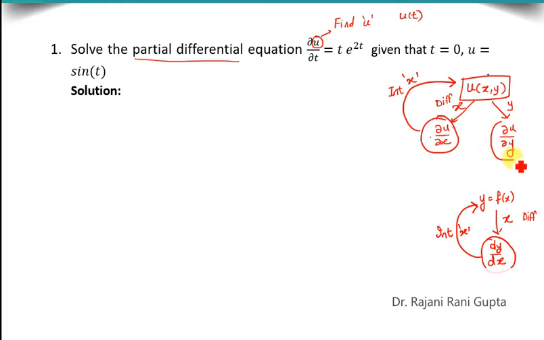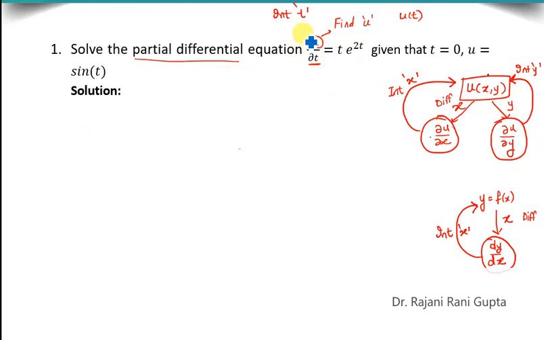On the other hand, if we have a partial derivative with respect to y and we need to know the original function, we integrate it with respect to y. In our case we have a derivative with respect to t, so we have to integrate with respect to t. The idea is, whichever variable the derivative is with respect to, you integrate with respect to the same variable.